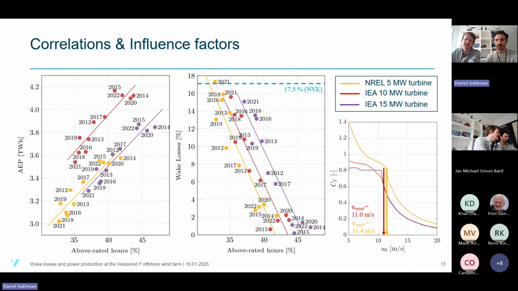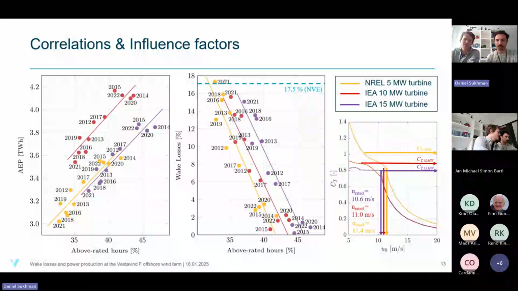The 10 megawatt turbine had a rated wind speed of 11 meters per second, and the newest of those, the 15 megawatt reference turbine, had a rated wind speed of only 10.6 meters per second. So those 0.4 meters per second can make a difference in how many hours of above rated operation we actually have.